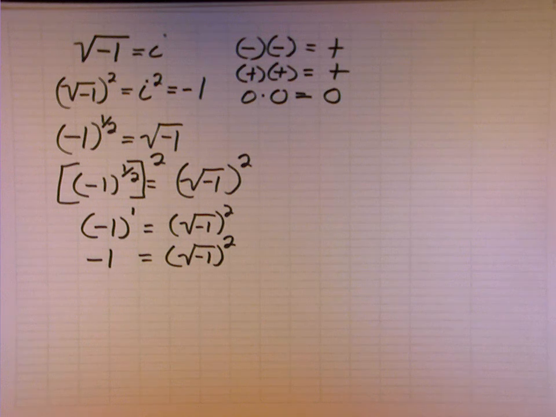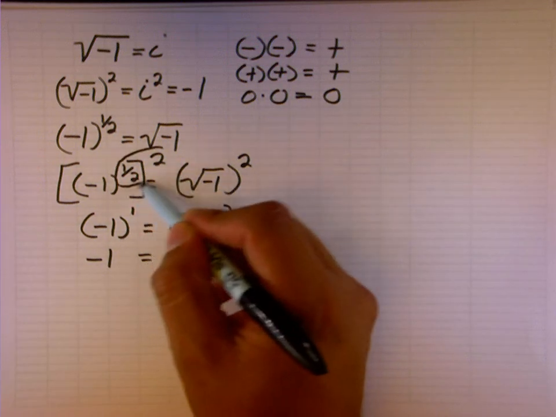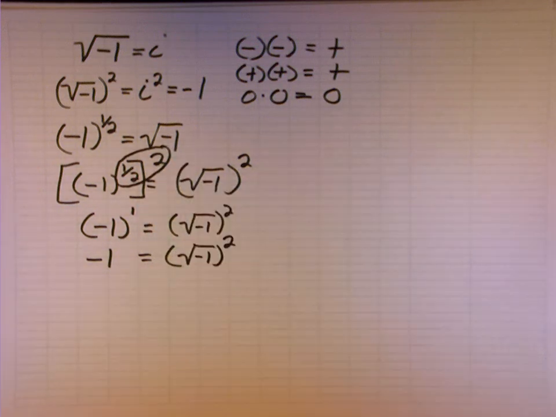Yes? So you're saying when you square it, the square root is the opposite of squaring a number, right? So then when you square it, you cancel out the square root symbol, basically? Yes, squaring is the opposite of the square root.